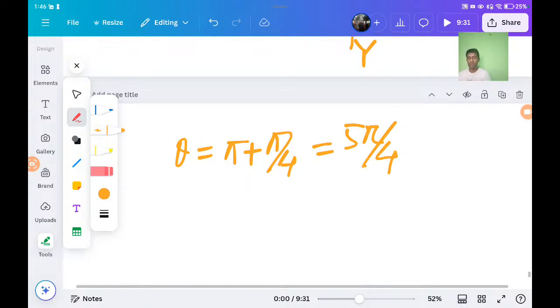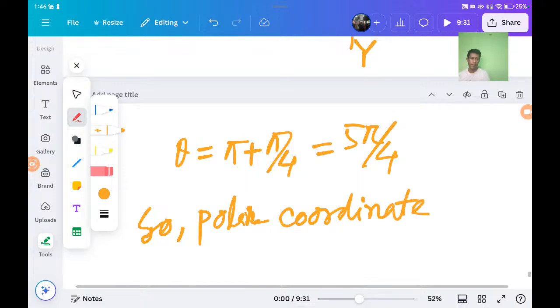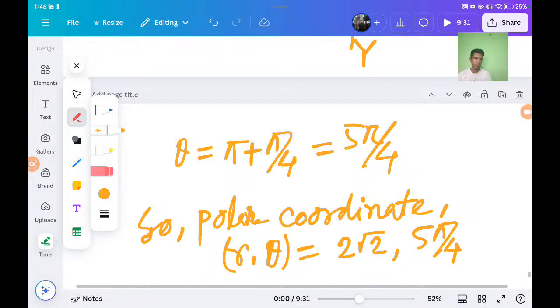So the polar coordinate r, theta equals 2 root 2 and 5 pi by 4. This is the answer.